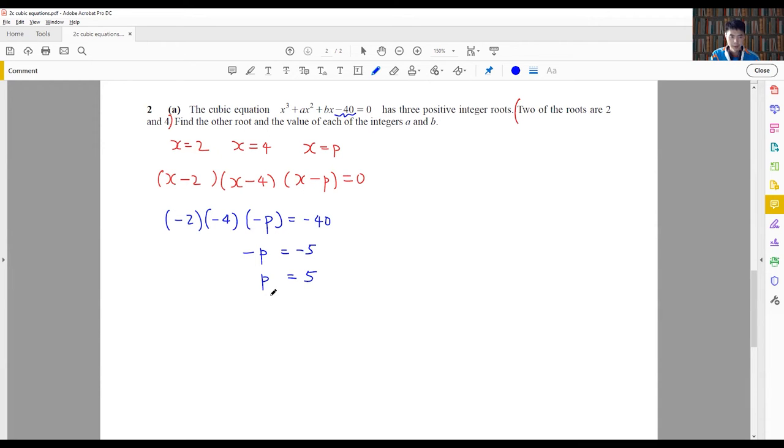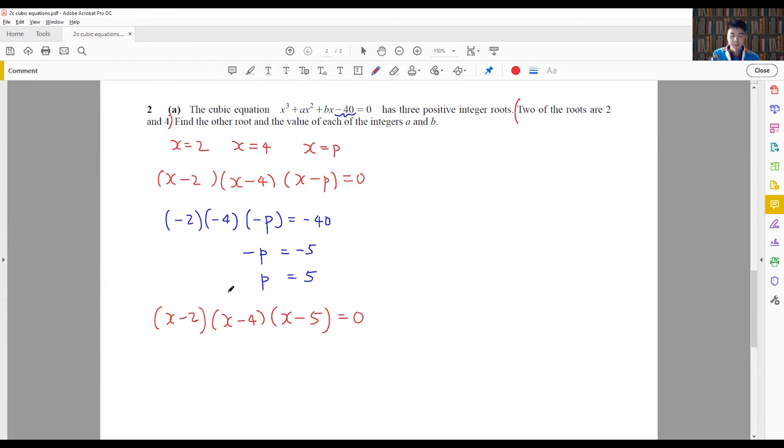Since I have the value of p, I can rewrite my equation as (x - 2)(x - 4)(x - 5) = 0.